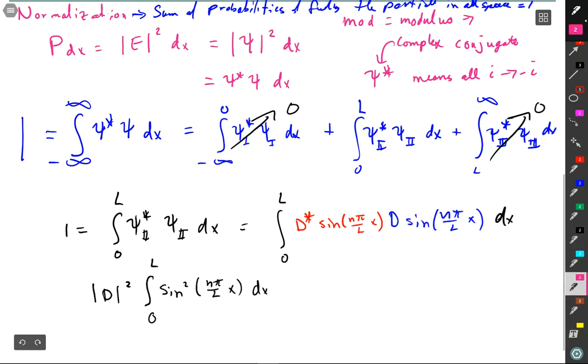Here's the easy way to do it. Sine squared of ax is equal to 1/2 of 1 minus cosine of 2ax.